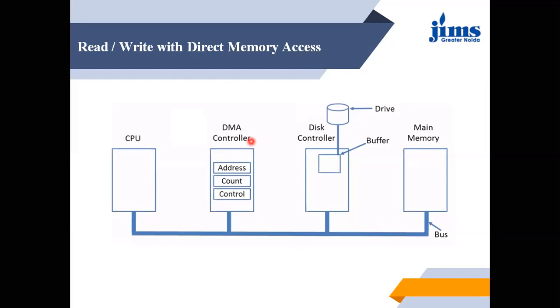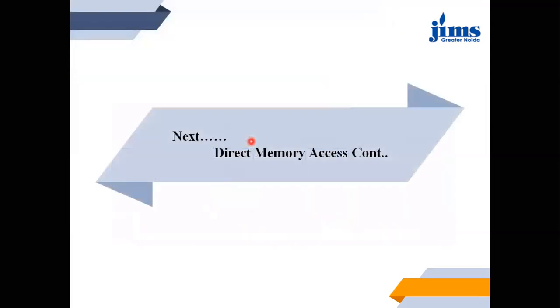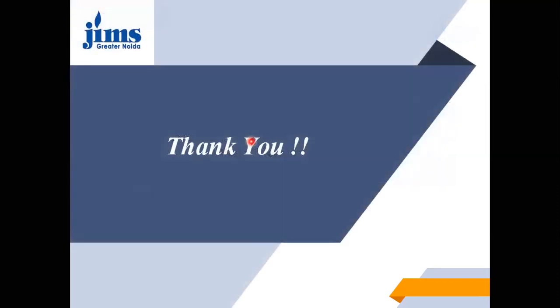This is what we studied: if we are not using the DMA, then what is the way in which the operation is going to be performed within the CPU. So in the next lecture, we will discuss how we can perform an operation using direct memory access in the central processing unit. Thank you. Thanks a lot.